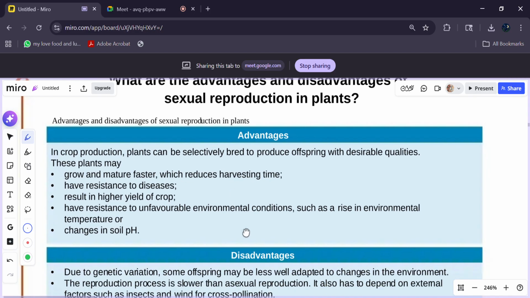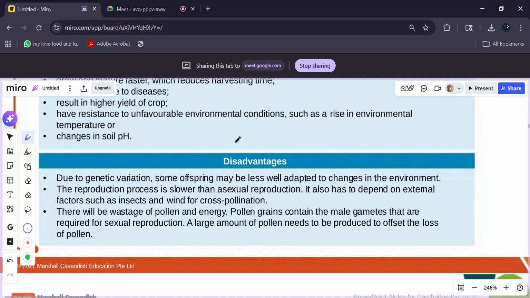Now the disadvantages of sexual reproduction is that due to the genetic variation, some offspring may be less adapted to changes in the environment. So when you use sexual reproduction, it's not a guarantee.